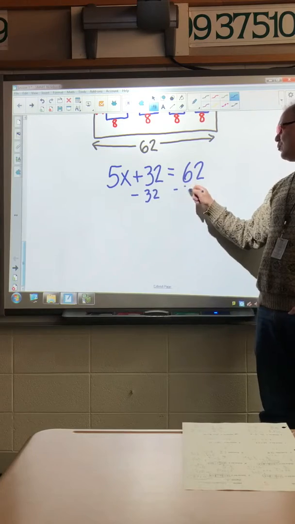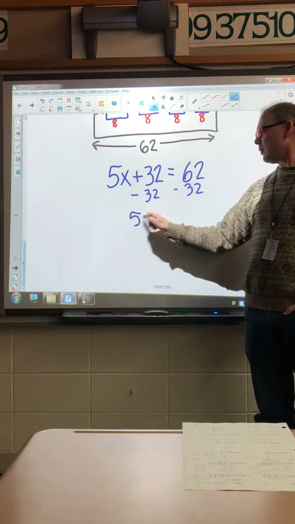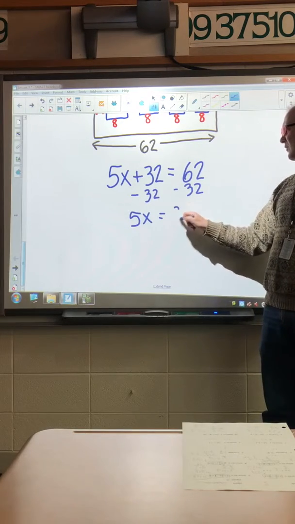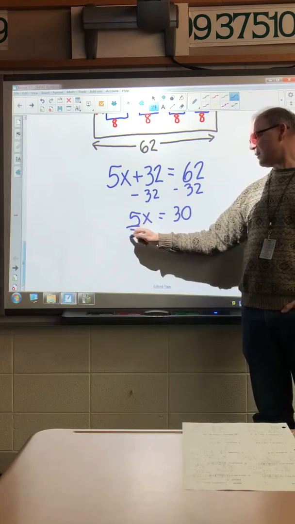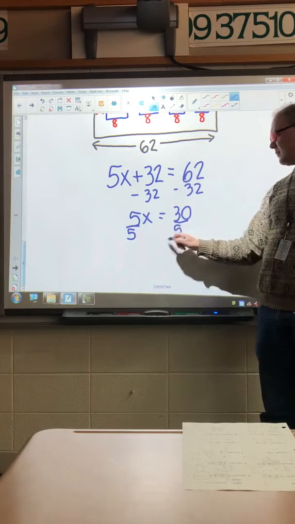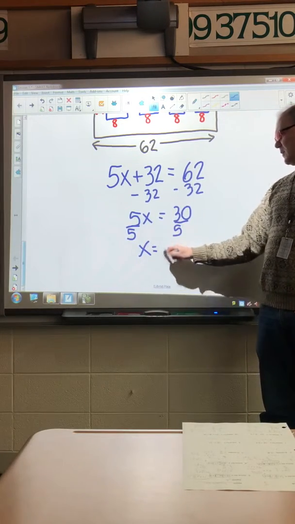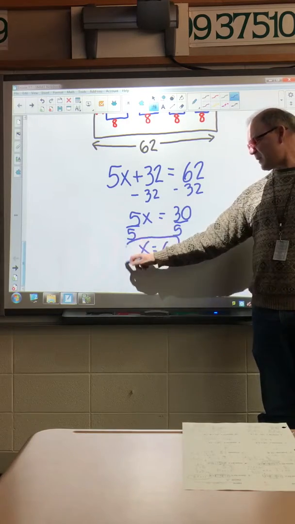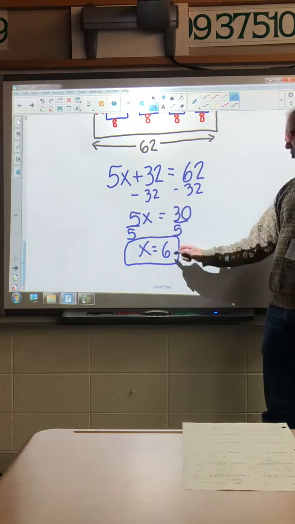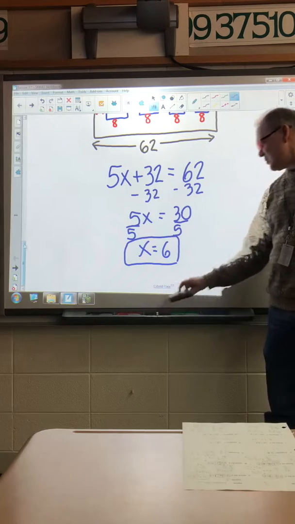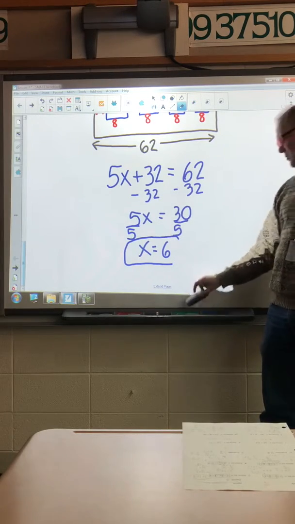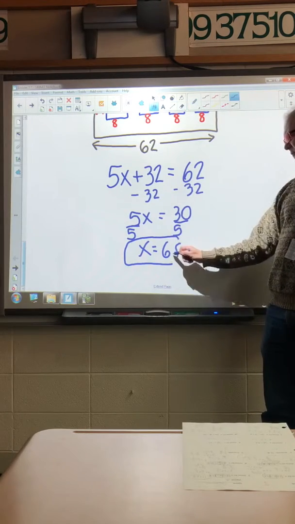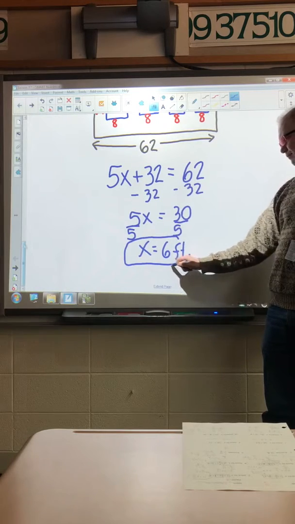Minus 32, that's 30, divided by 5. So the amount of space between each banner should be, put units in my answer, so 6 feet.